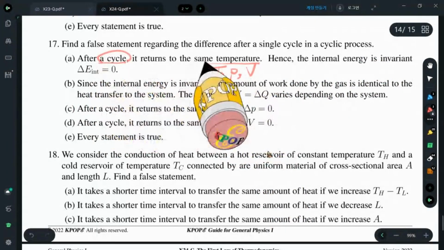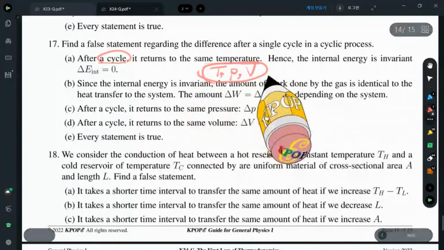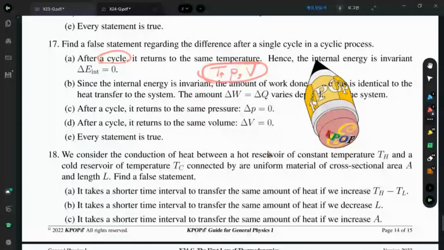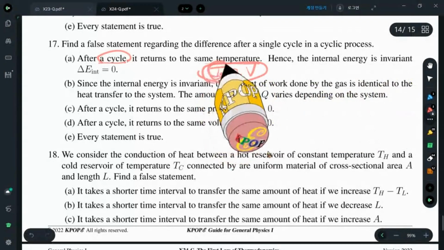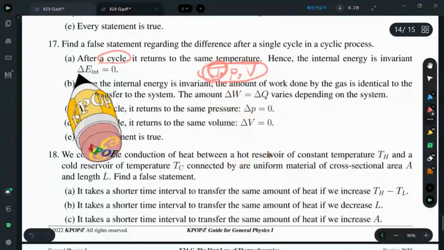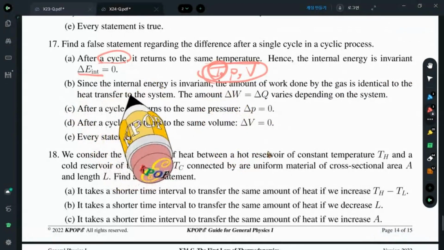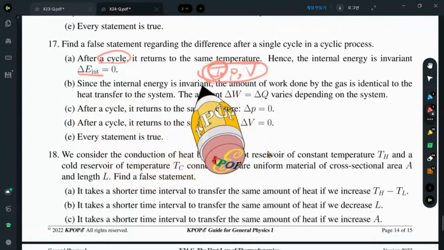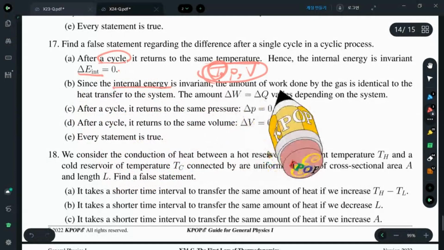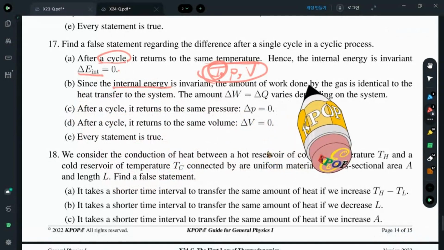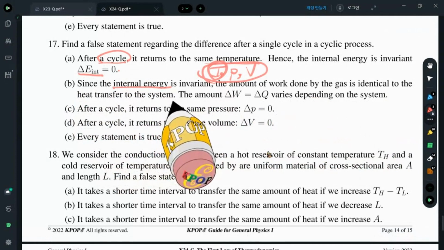Cycle returns the same physical variable. That's quite important. Hence, the internal energy is invariant. Sure, because the temperature is the same, the internal energy doesn't change at all. Since the internal energy is invariant, the amount of work done by the gas is identical to the heat transfer to the system.